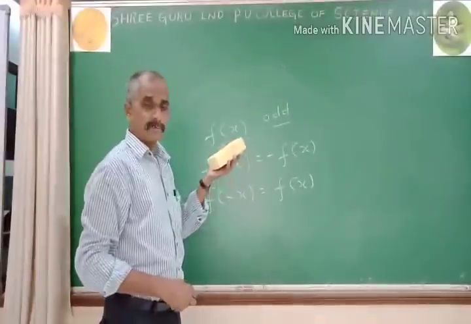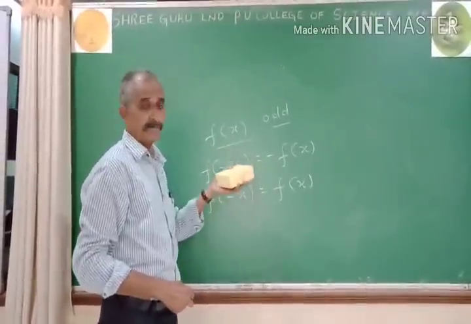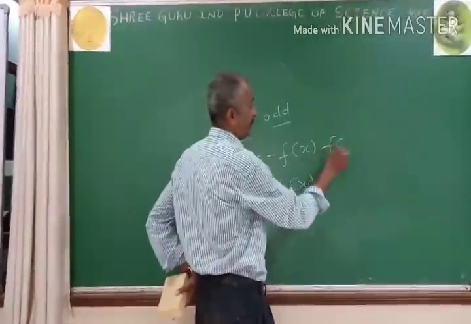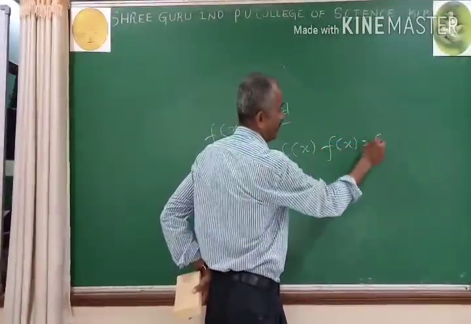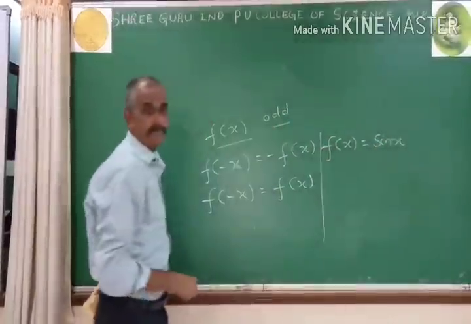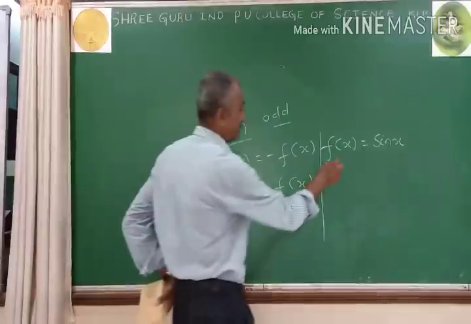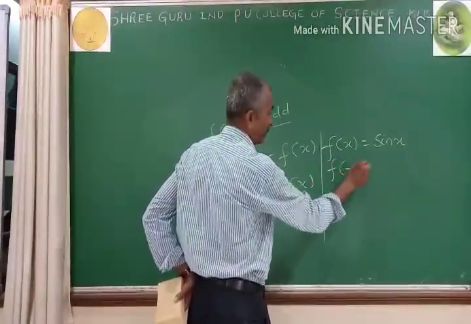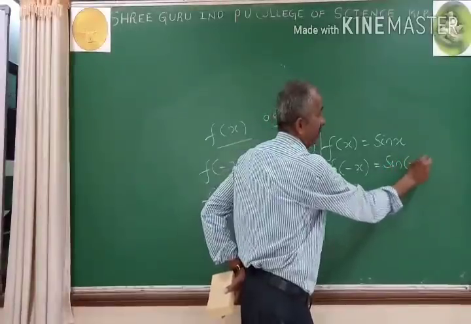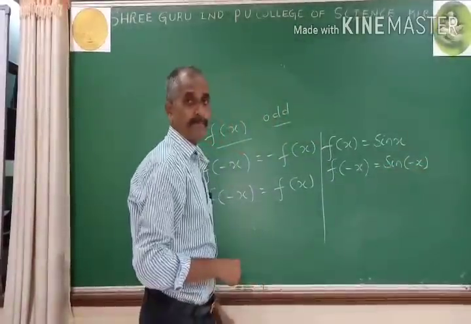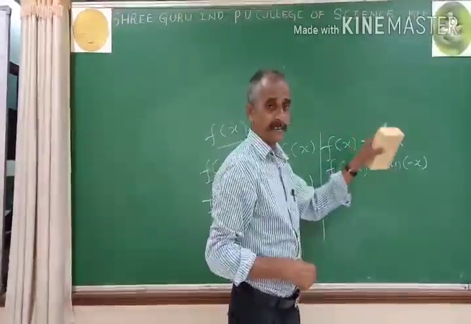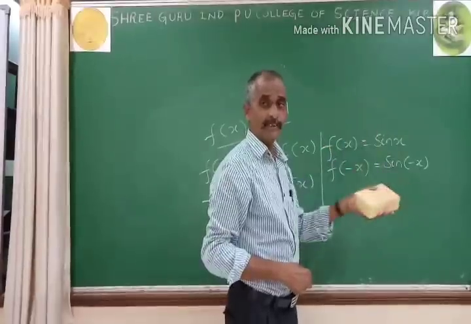And many examples can be given for odd and even functions. A regular example, for example, f of x equal to sin x. It is an odd function because when we change x to minus x, f of minus x will be equal to sin of minus x. So recall PUC first year trigonometry, in particular allied angles. We have seen that sin of minus theta is equal to minus of sin theta.